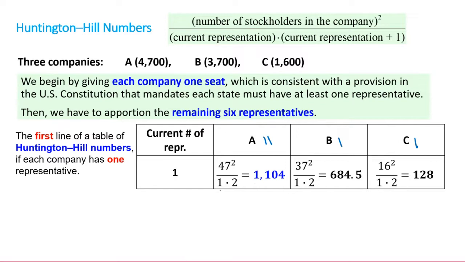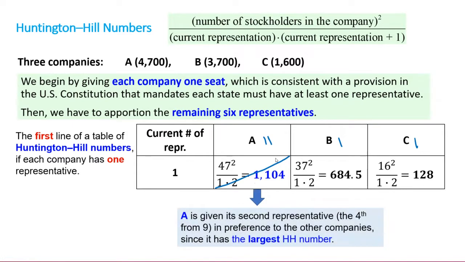And we cross out this Huntington Hill number from the table, and we go to the next. For A, we go to the next line in the table. So for A, the present number will be 2. So the Huntington Hill number will be calculated like this: 47 squared divided by 2 times 3.